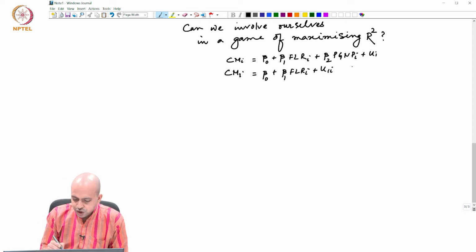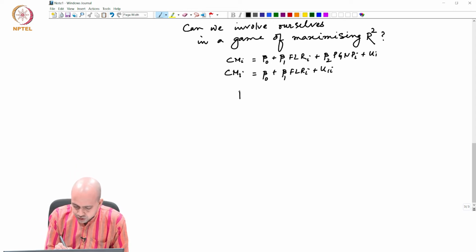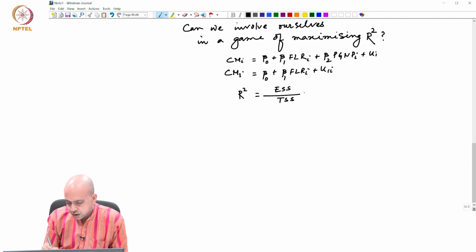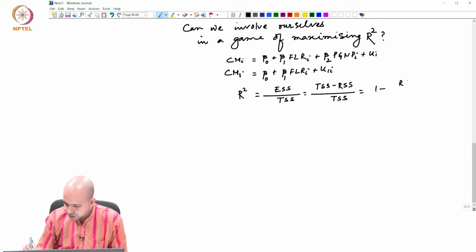Why is this so? Because what is the measurement of R square? R square is basically ESS by TSS, and this we can again manipulate as TSS minus RSS divided by TSS, which equals 1 minus RSS by TSS. And what is RSS?